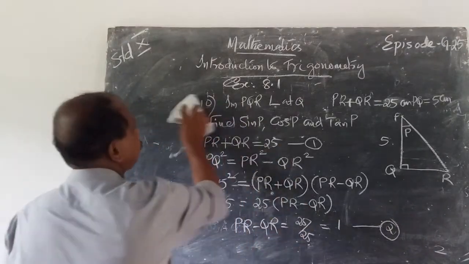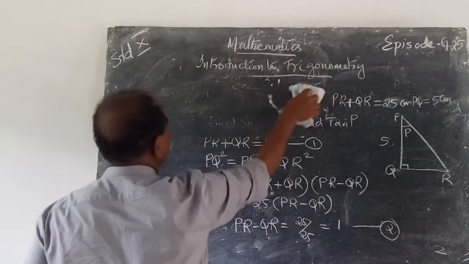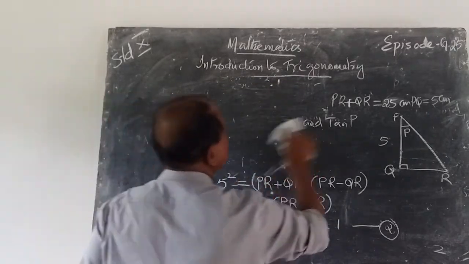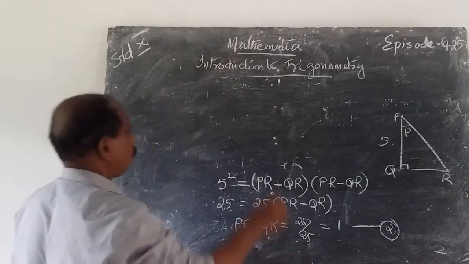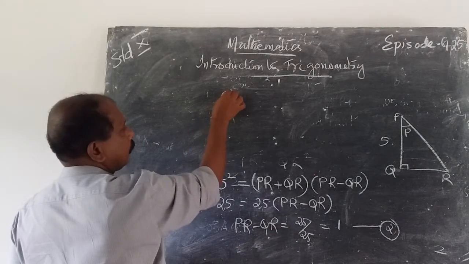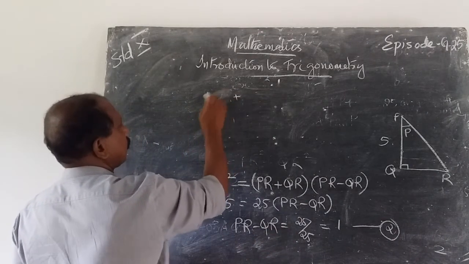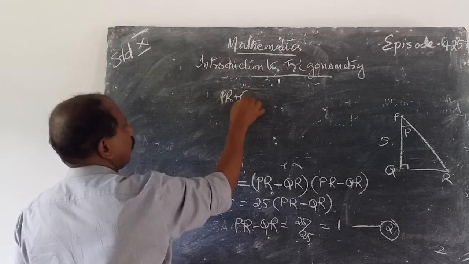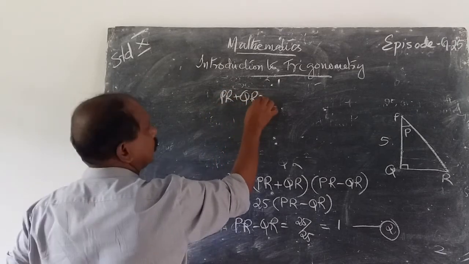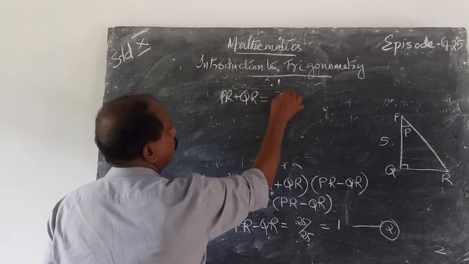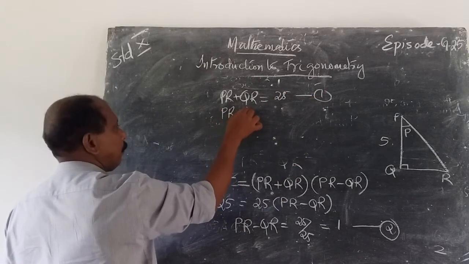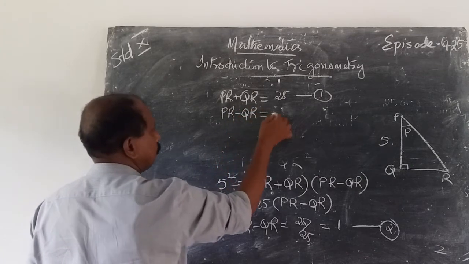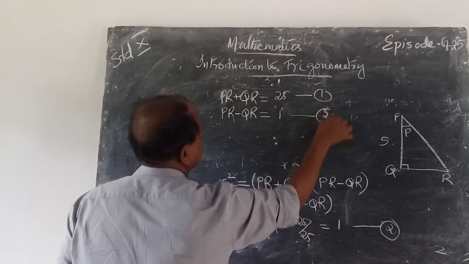Clear? Then first is PR plus QR is equal to 25, first equation. PR minus QR is equal to 1, second equation.